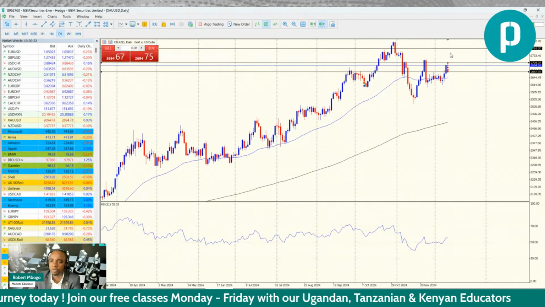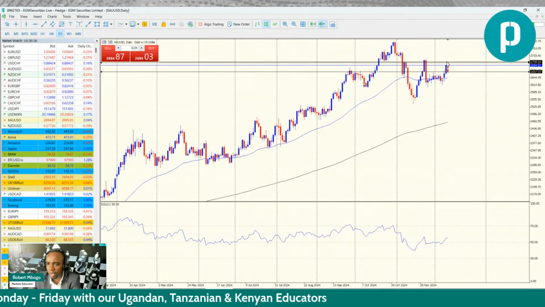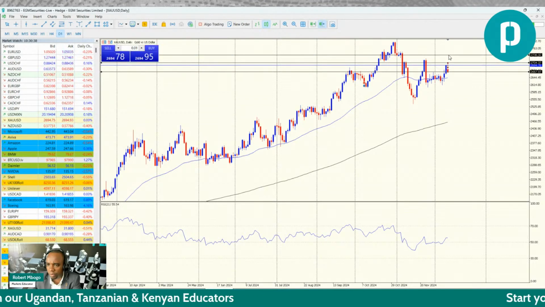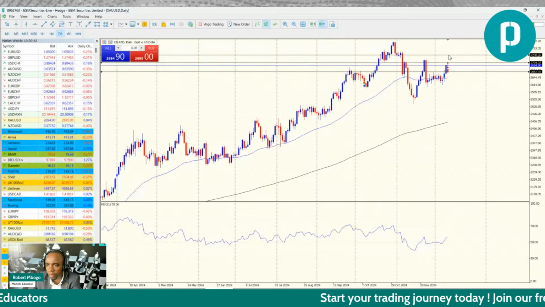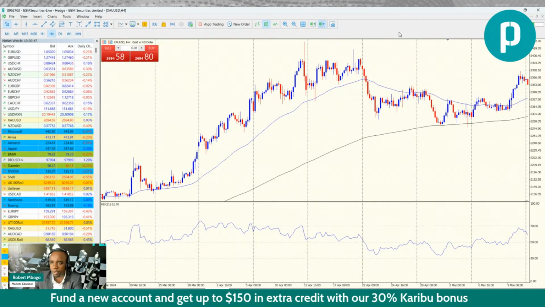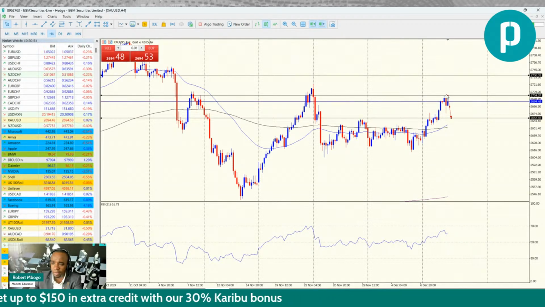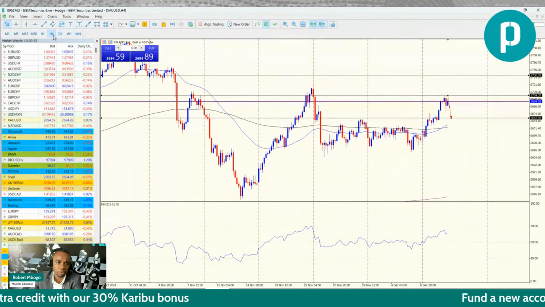Is it possible to have gold go all the way up? Well, interesting. So I'd rather go with this other block over here. I'd rather go with this order block as an area where gold could probably test this high. There's a possibility gold could go all the way up.